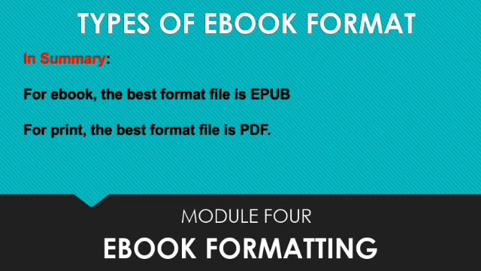If you want to create an ebook and format your manuscript into an ebook, then you may want to stick with EPUB. EPUB will do the job very well. And when it comes to print, maybe you want to make a paperback or hardcover, then the best file format is PDF. I hope this is very well understood.